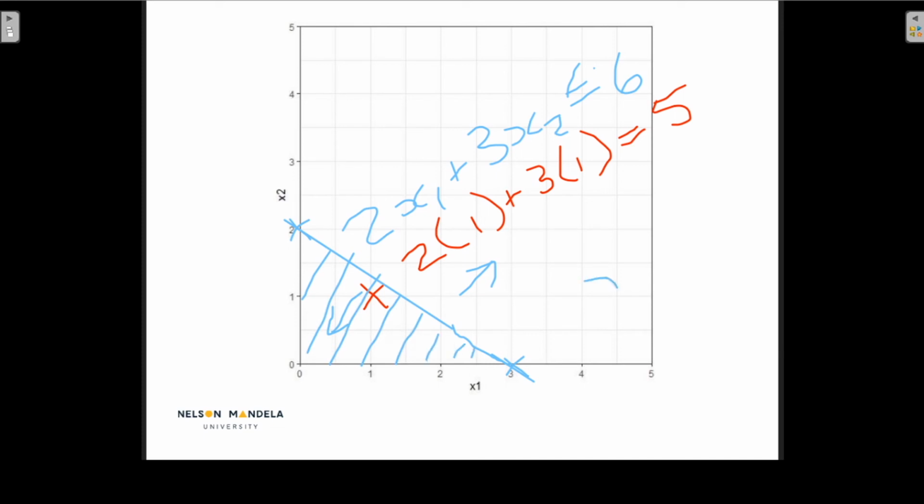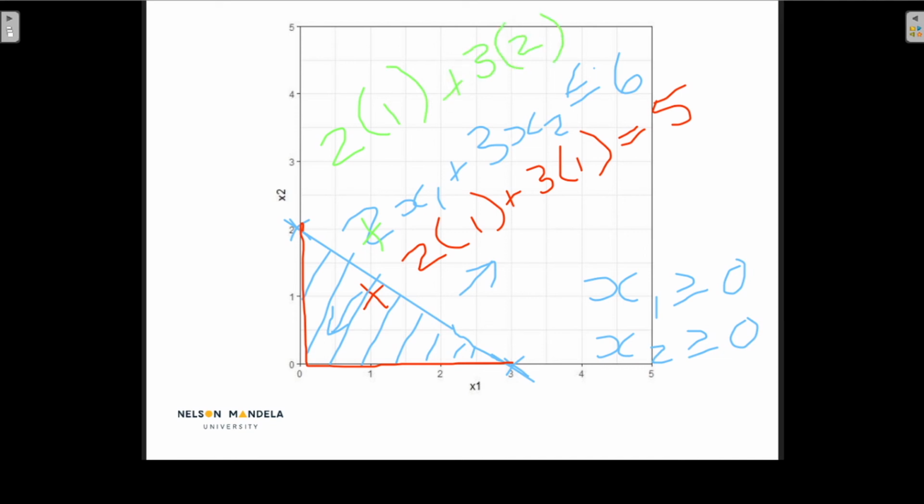And remember, we also work with x1 greater than or equal to 0 and x2 greater than or equal to 0, so it's also restricted by these axes. Suppose I chose the point (1, 2). It lies over there, and I substitute it into my equation: 2 times x1, which is 1, plus 3 times x2, which is 2, gives 2 plus 6, which is 8.